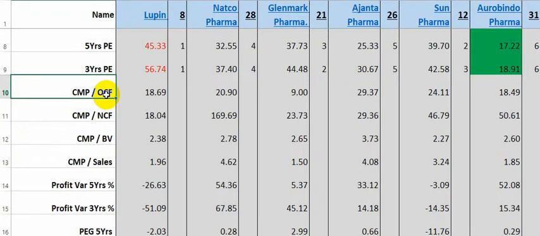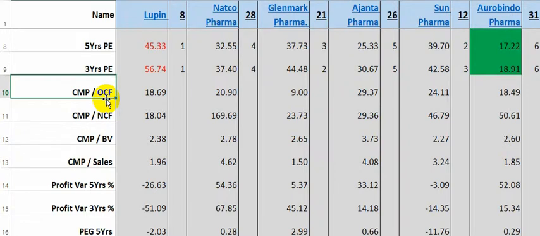Earnings is the net profit value per share, and this net profit is calculated by considering all the expenses, whether those expenses have been paid or not paid, that is, whether they are cash or non-cash expenses, and then we get a final net profit value. Whereas in the OCF, or operating cash flow, only the cash expenses are considered in the calculation, and that too only through the operations of the business.